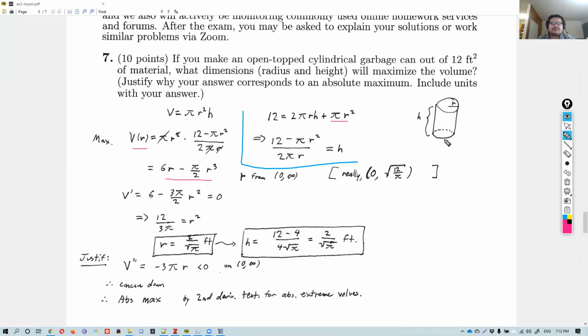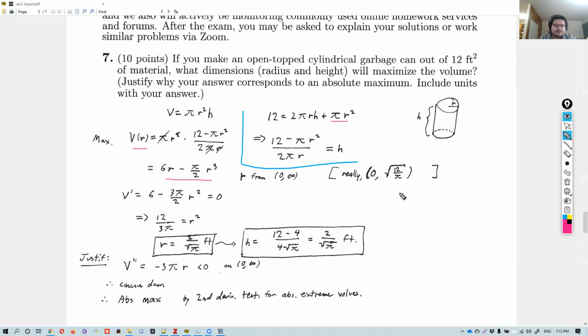But if r is equal to 0, the whole cylinder degenerates, and so 0 can't be plugged into this physical situation. And so you have an open interval 0 to infinity or 0 to root of 12 over pi, which means we can't use the closed interval method.